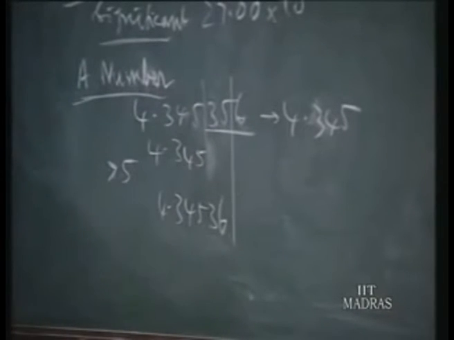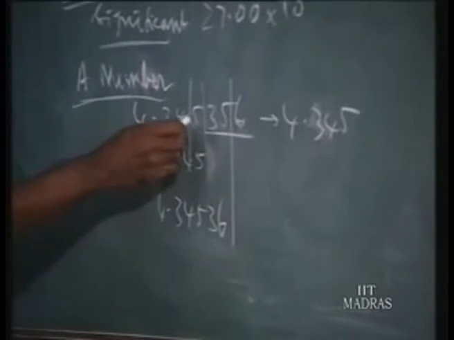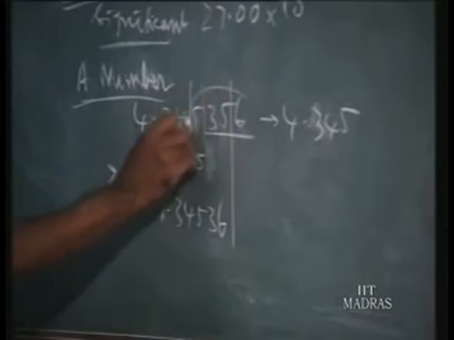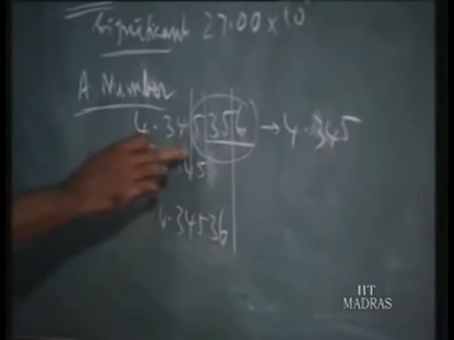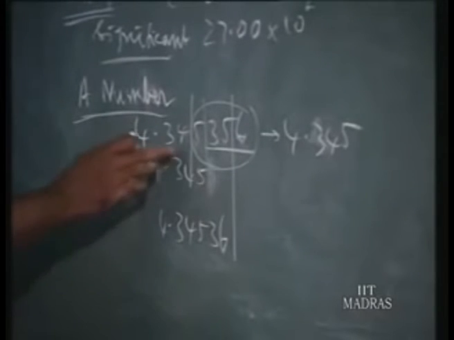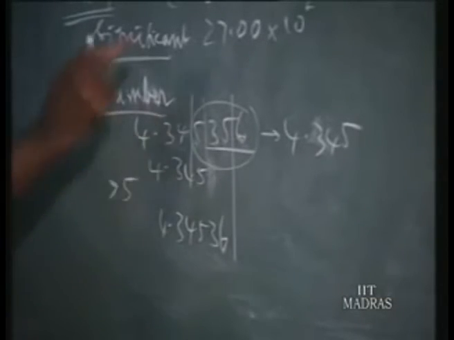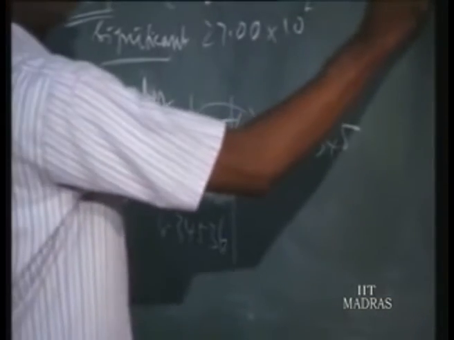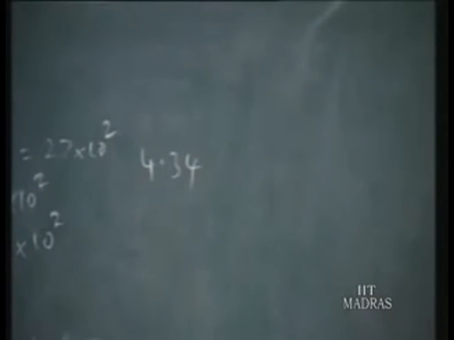Suppose it is exactly 5. Now we want to fix up to the second decimal place, and we find the discarded number starts with 5. How to round off this number? Now look at the desired decimal place. What is the number? 4. If it is an even number, leave it as it is, so 4.34. If it is an odd number, then add 1 extra.